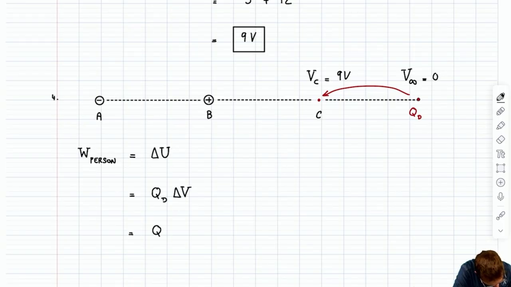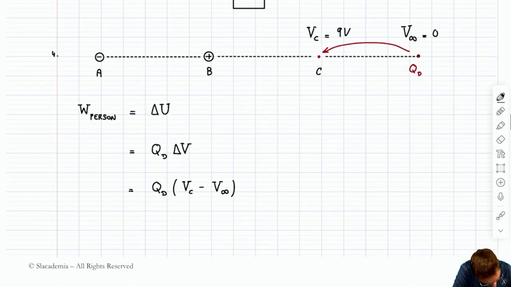Okay, that's QD. Delta V is VC minus V infinity. V infinity is 0. And so this is going to be equal to QD times VC.